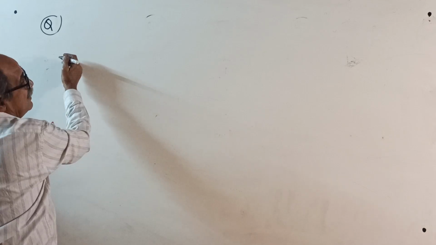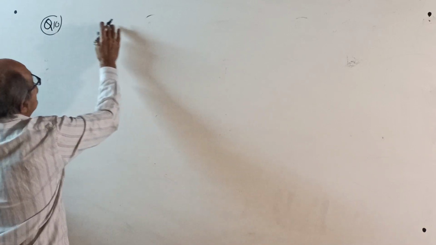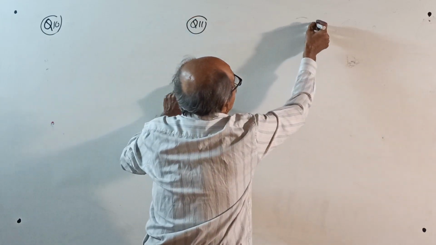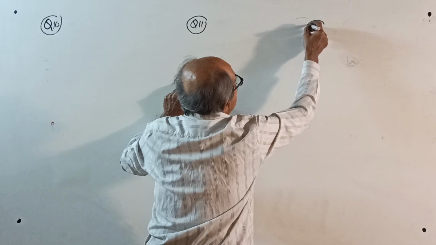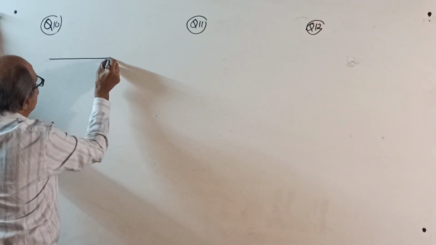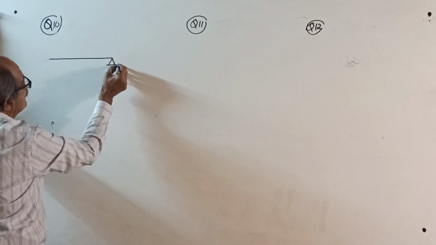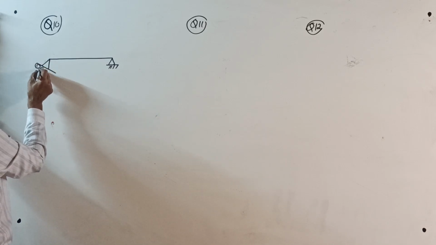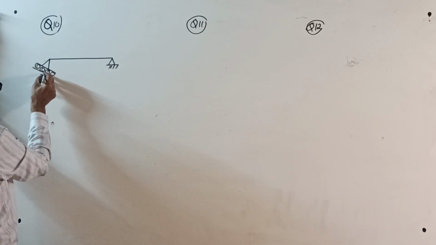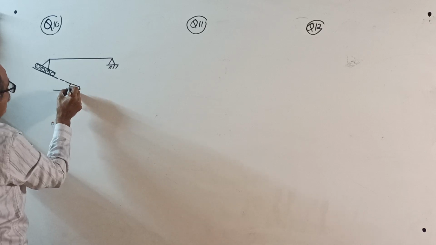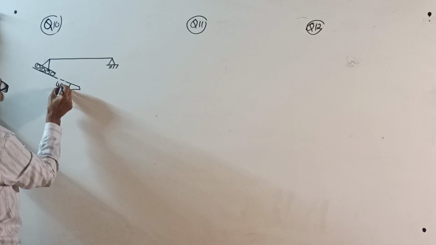Okay, 9 over, 10, question 11, question 12. Now, I will give hinge here, roller here. And this roller is making an angle of, say, 40 degrees with horizontal.